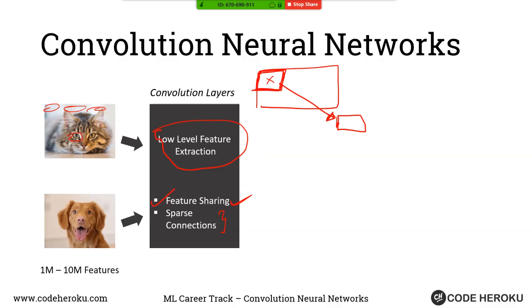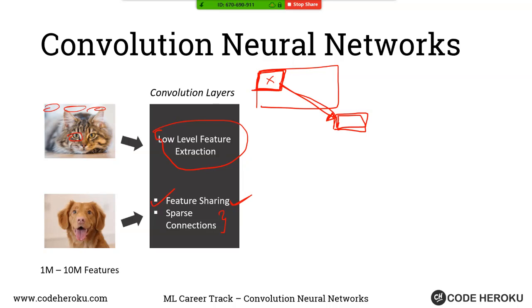The next neuron, the next layer in the convolution neural network, is getting affected by this region of the image only. So you could think of it as a sparse connection of layers, and each layer is not fully connected with the other layer.